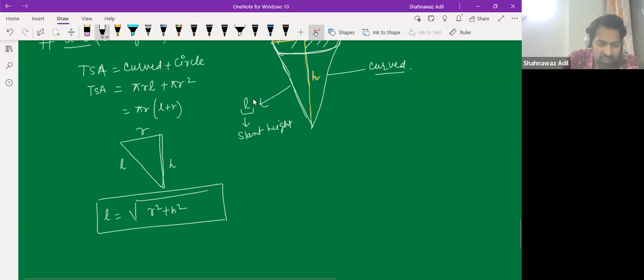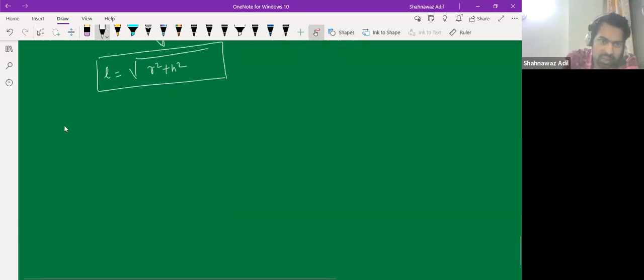And if you have these softy cones, these ice cream cones, where the upper part is not there, so that is open, it will have only the curved region. So let's say you have a cone without the upper part.